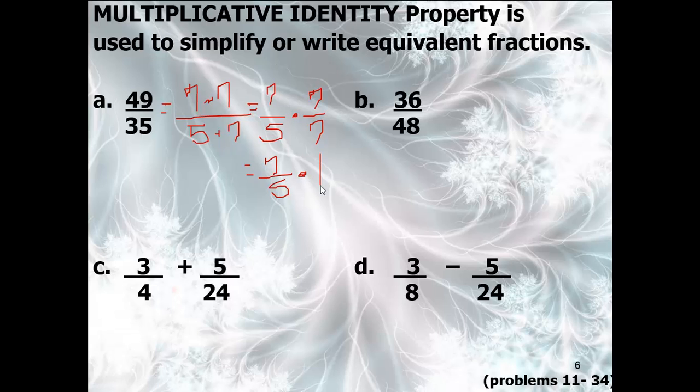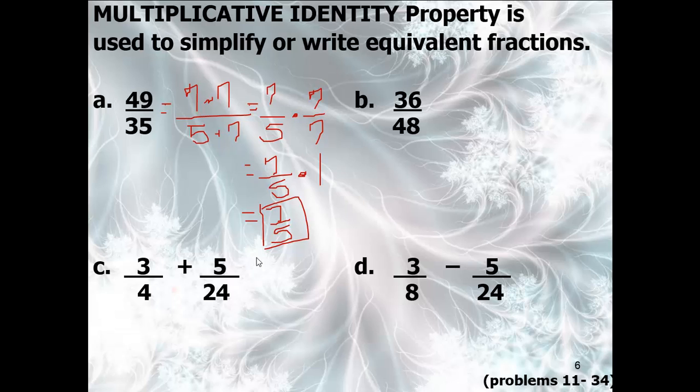And any number in the universe times 1, that number is unchanged. It's how we simplify, it's how we reduce. We use that multiplicative identity, all right? Why don't you guys hit pause for a second and try the B on your own.